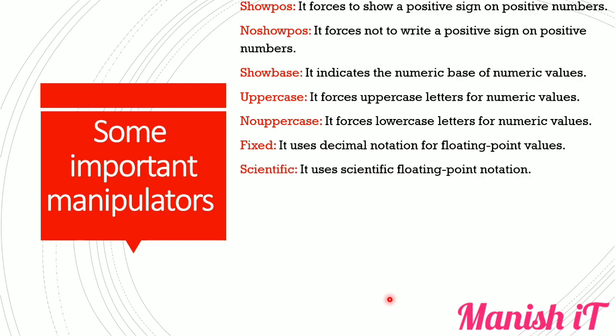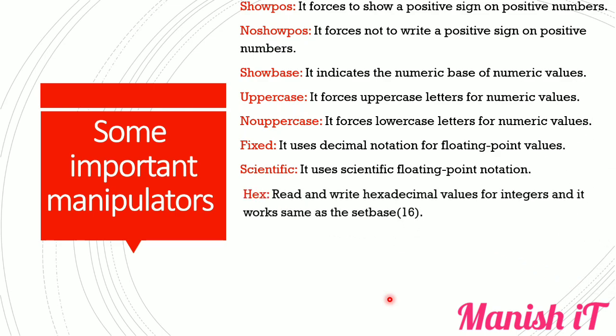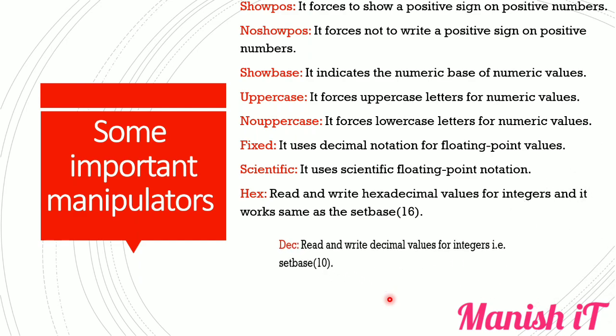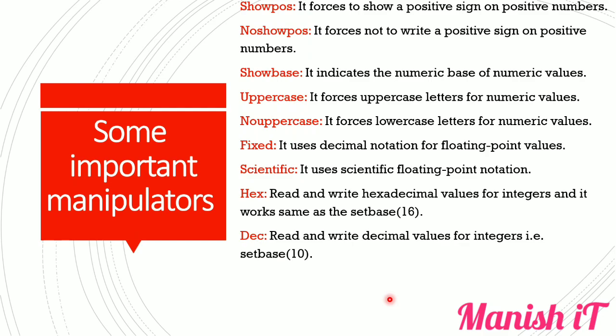Scientific. It uses scientific floating point notation. Next, hex reads and writes hexadecimal values for integers, and it works the same as setbase. Inside setbase we have to use 16 because we want to read and write hexadecimal format. Dec is nothing but decimal.